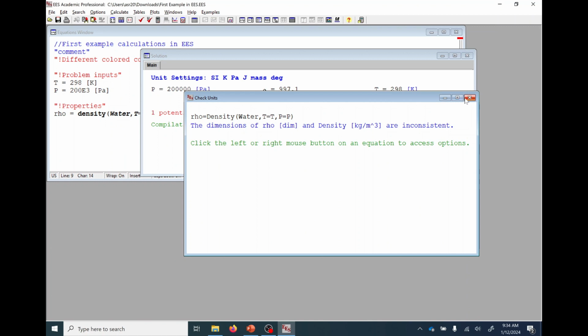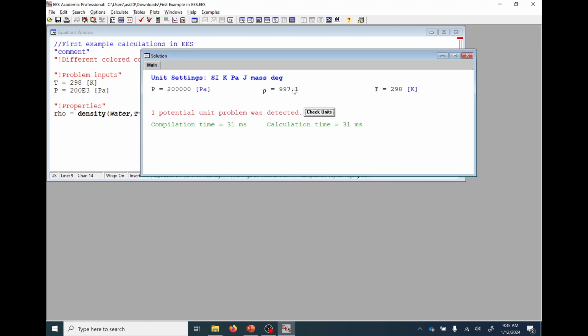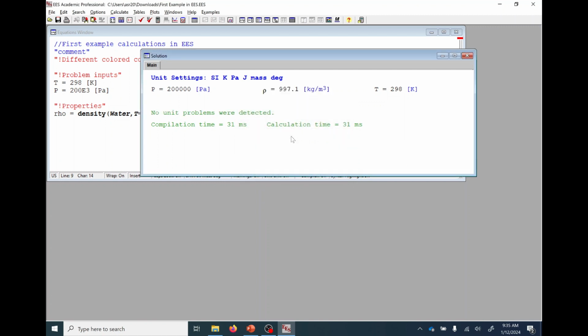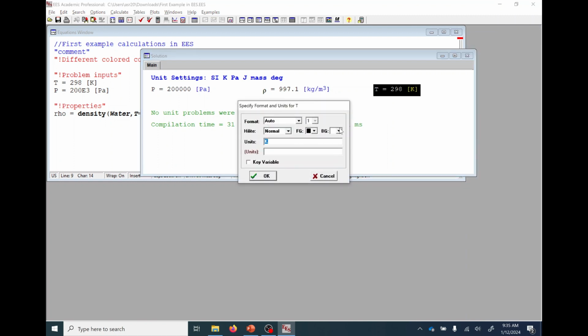So really there's no problem with the program, it's just that I haven't yet set the dimensions of rho to be in the correct unit system. So here I'll just select that variable rho, and I'll say that its units should be in kilograms per meter cubed, and we're good.